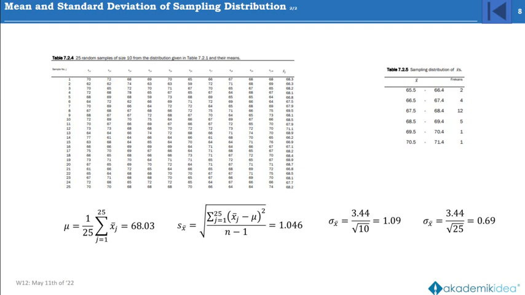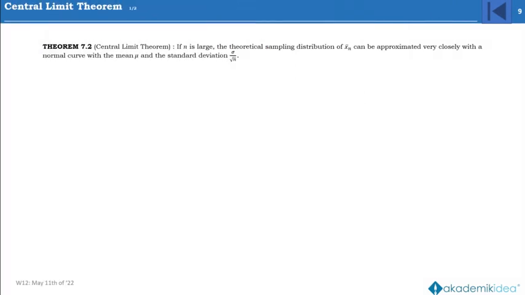To be able to calculate such probabilities, we shall have to refer to a second theorem, the central limit theorem, which states, if n is large, the theoretical sampling distribution of sample means can be approximated very closely with a normal curve with the mean mu and the standard deviation sigma over square root of n.